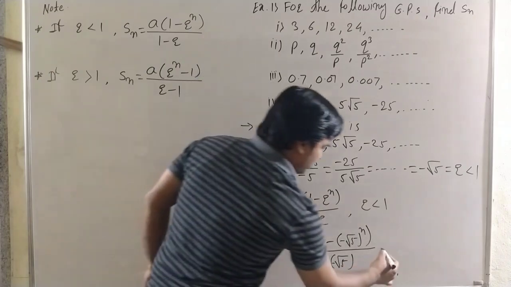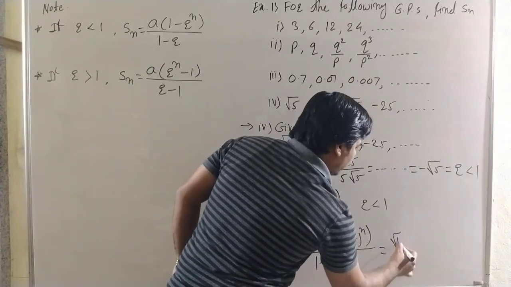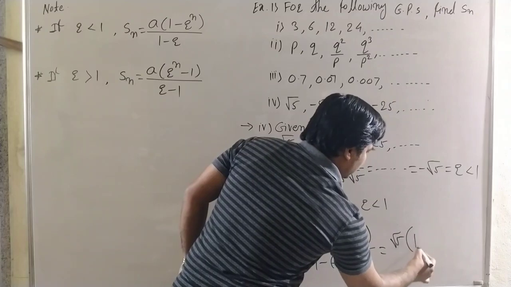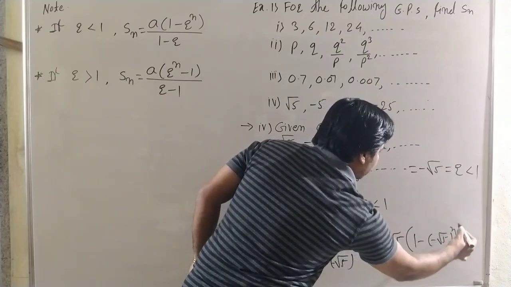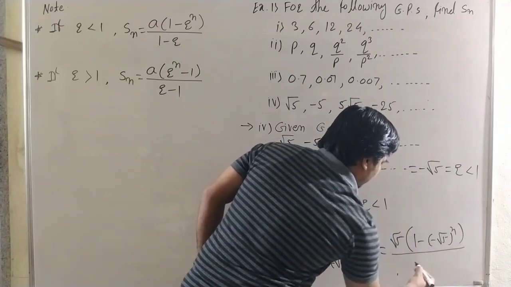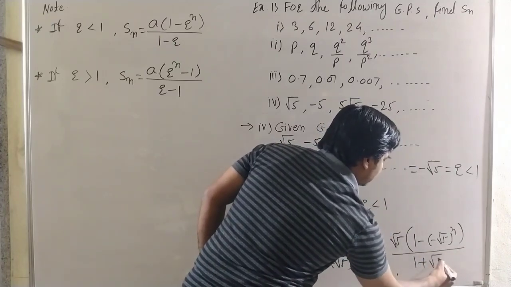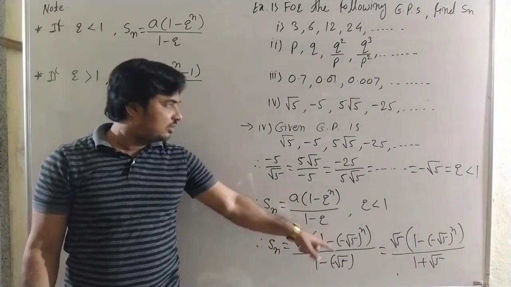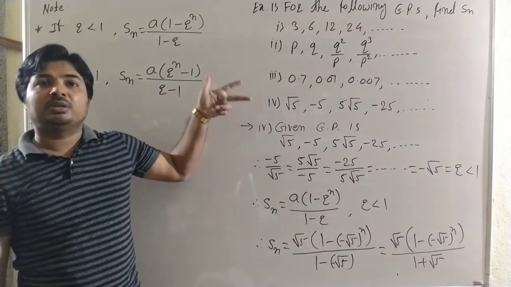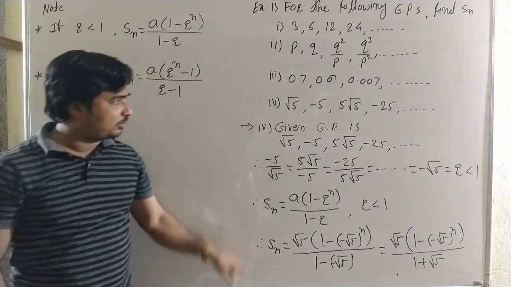It is minus under root 5, so we can write it as under root 5 into 1 minus under root 5 to the power n upon 1 plus under root 5. It is the sum of the first n terms of this geometric progression. Okay, see carefully this.